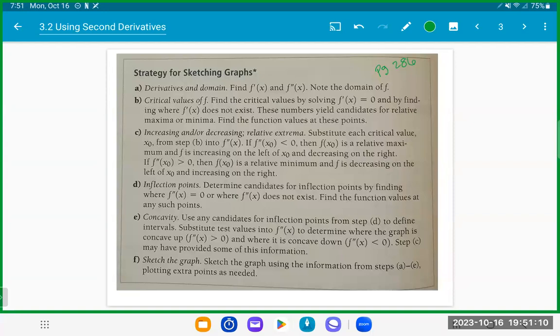We want to then look at critical values, determine if it's increasing or decreasing. That's going to give us our relative extrema. Point out any inflection points. Do the second derivative test, right, to give us that concavity. And then we want to sketch the graph. Okay. So as I mentioned in the beginning of class, everything we do tonight is going to be building to put more details into our graphs. Okay? Questions?